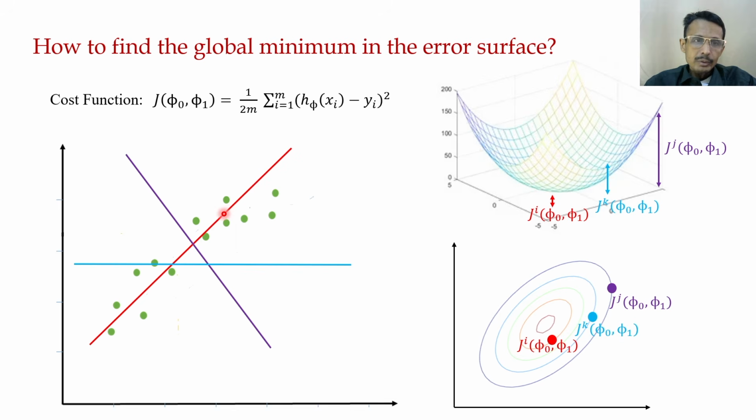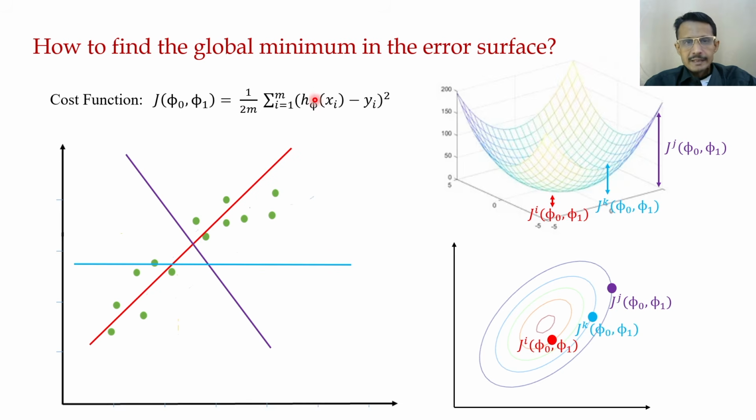Now how are we going to find this line? The cost or the error between these data points and the corresponding points on the line should be minimized. For that reason we define a cost function, whose parametric form is J of phi 0, phi 1.